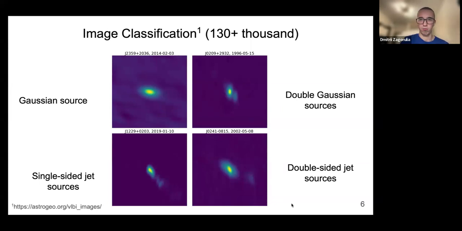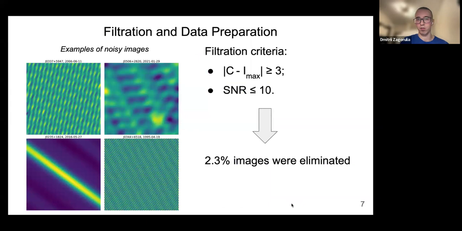And the first stage of our research is obviously working with data. Due to the fact that this is real data that was obtained from telescopes, it always has some outliers or noisy images. So here are some examples on the left of the noisy images. And we propose a criterion to filter these images.